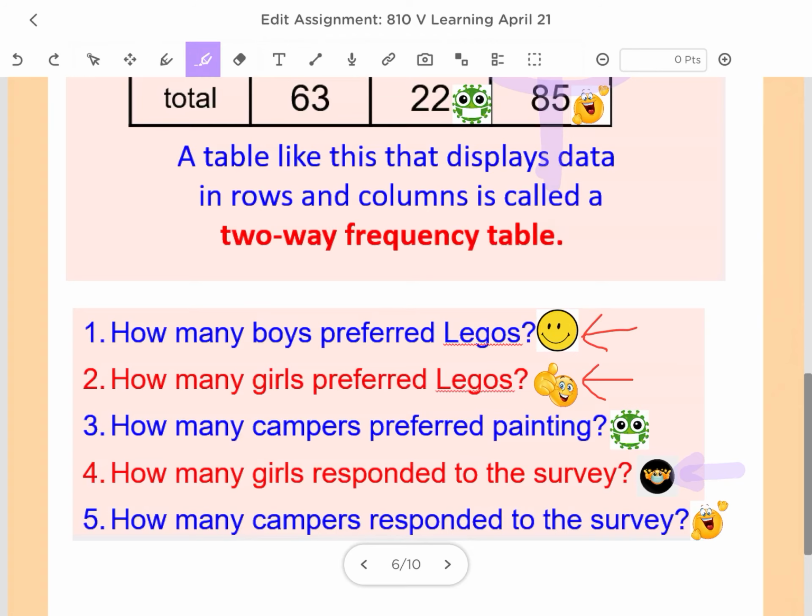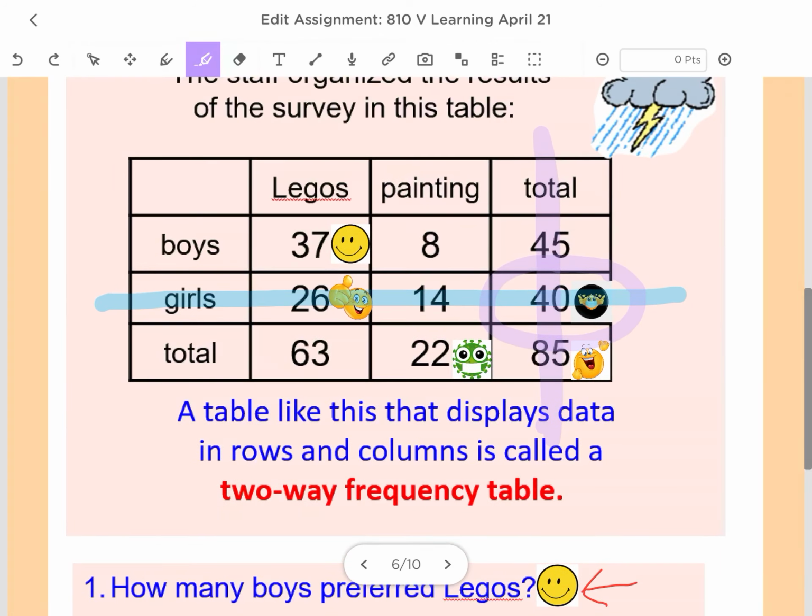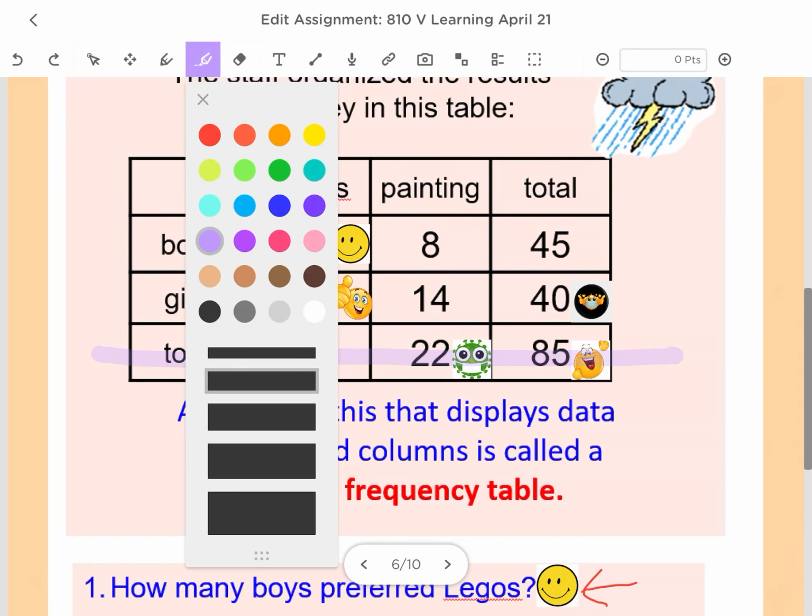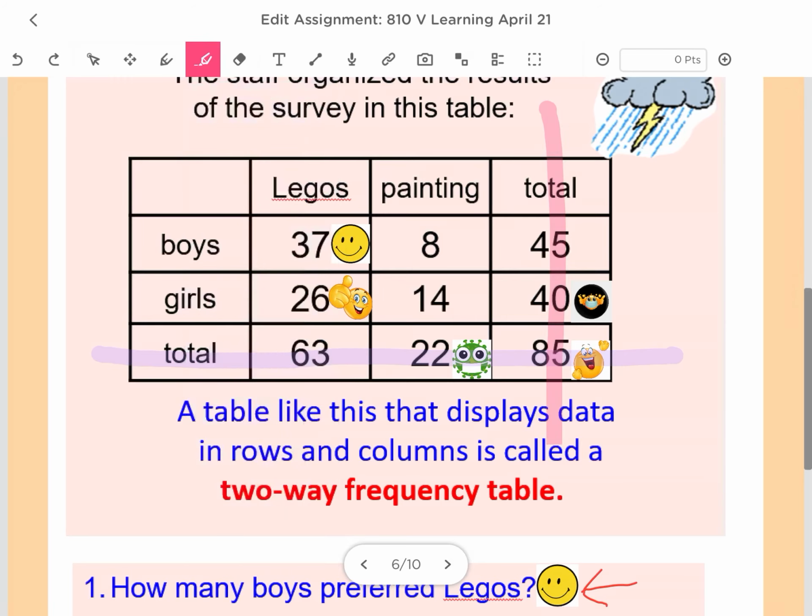And then when we're looking at the total number of campers that responded to the survey, that's where the two totals come together. So when we look at this, we have a total column here, or a total row here, and a total column over here, and both of them meet together at this 85, where that emoji is. So when I look at this, I should have a total of 85 boys and girls, and 85 different people that have chosen an activity.